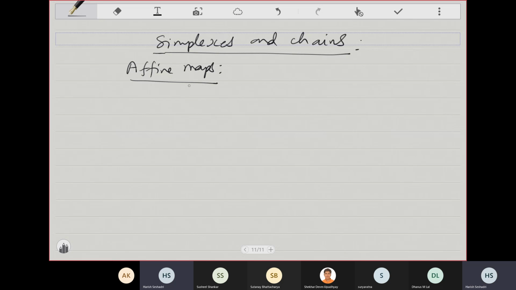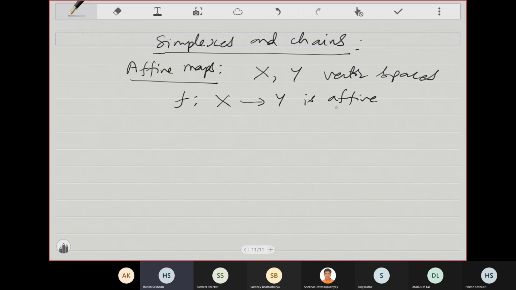So first, let me define what an affine map between two vector spaces is. So X and Y vector spaces. A function f from X to Y is affine if the map v going to f of v minus f of 0 is linear.